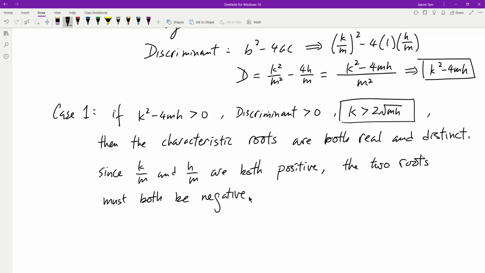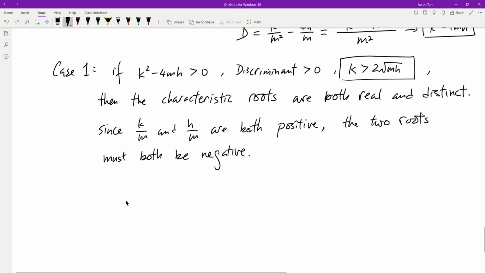And if you think about it, it makes sense, because if you think about factoring, if both the b and the c are positive, then when you factor, you have 2 factors like x plus r1 and x plus r2, therefore resulting in both r1 and r2 being negative.